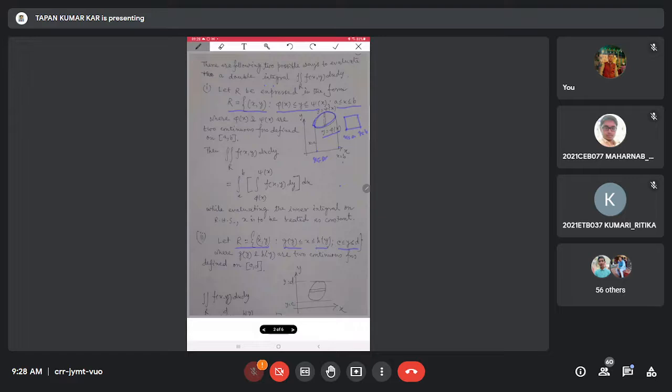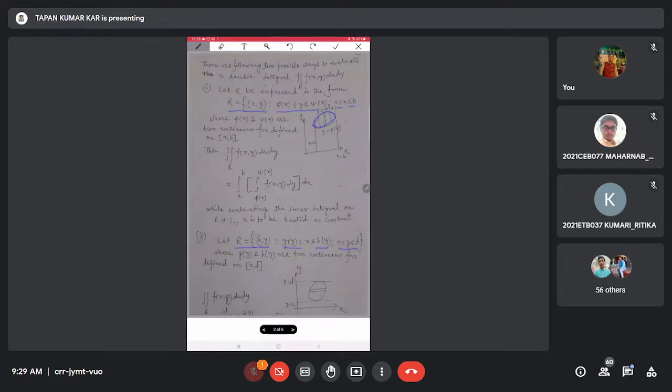So here y is a function of x, and at any place, if you consider this point, then here y varies from this to this.